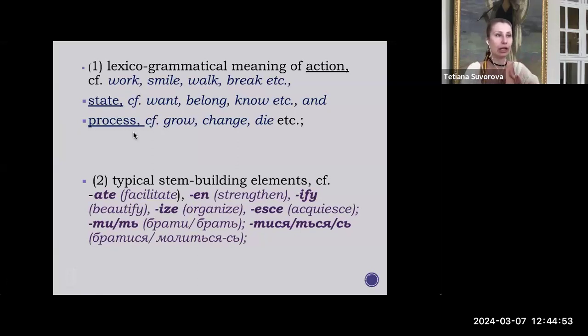The general meaning of the verb is to express processuality, something that is in process. It can be an action, a state, or a process itself. For example, work, smile, walk, break, and the state, want, belong, know, etc.